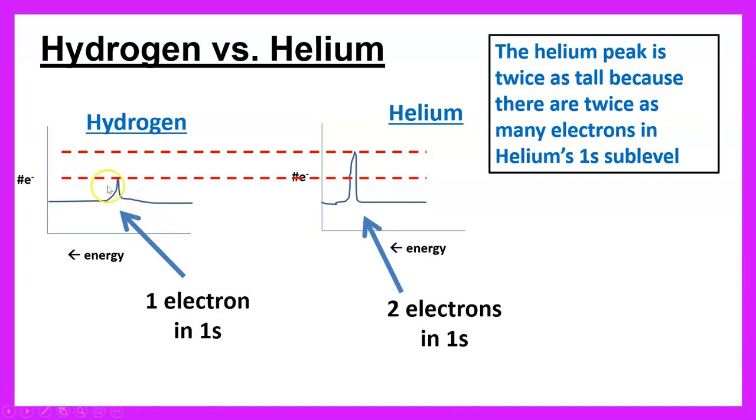You can see this peak here compared to this one. Helium's is twice as tall because there's twice as many electrons. It may not be perfectly exact because it is data. These are little graphs that have been scanned onto our worksheets and things, but you can see it's basically twice as high.